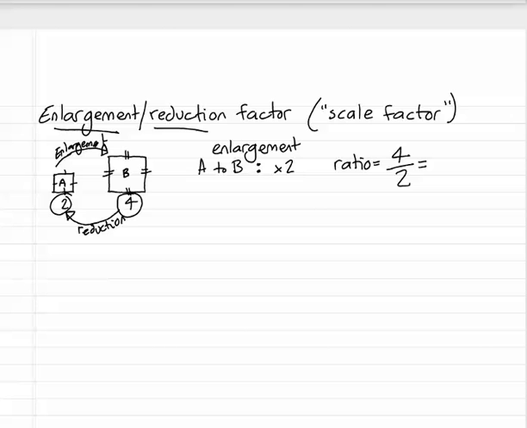And we can see that the length on B is 2 times the length on A. But for reduction, B to A, we can see that A is a half of B. We don't always see it this clearly, but we'll check that with the maths. The ratio has to be, for a reduction, the small side of the pair on top, and 2 over 4 is a half. So a side on A is half the length of a side on B.